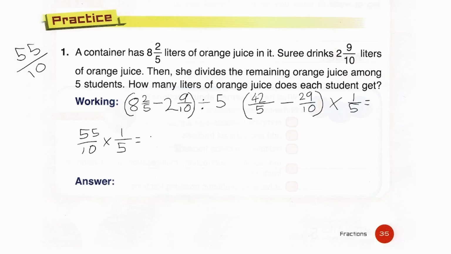Okay, so how do we do this? Okay, but wait, we can simplify this, can't we? So if we simplify this, it's 11 over 2. So 11 over 2 times 1 over 5. Okay, so just a little tip here for you.